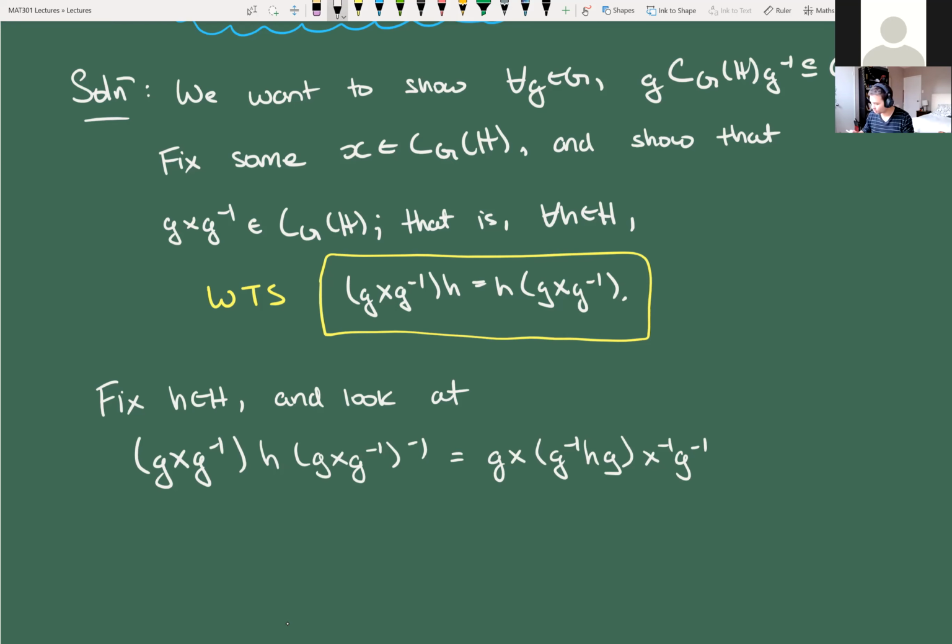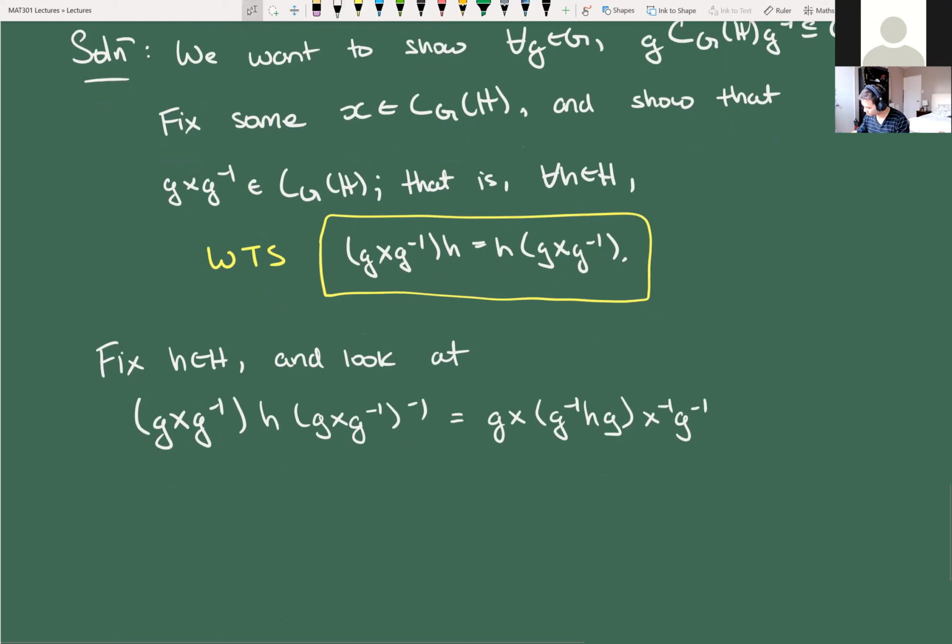So because H is normal, this thing is in H, since g inverse hg is in H, since H is normal in G. So this thing here, you could call it something else if you want.